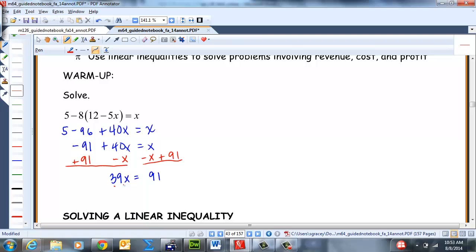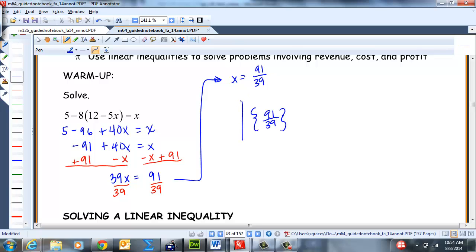And then dividing both sides by 39, we will have x is equal to 91/39, which I believe is reduced. So we get a single solution of 91/39. How'd you do? All right.